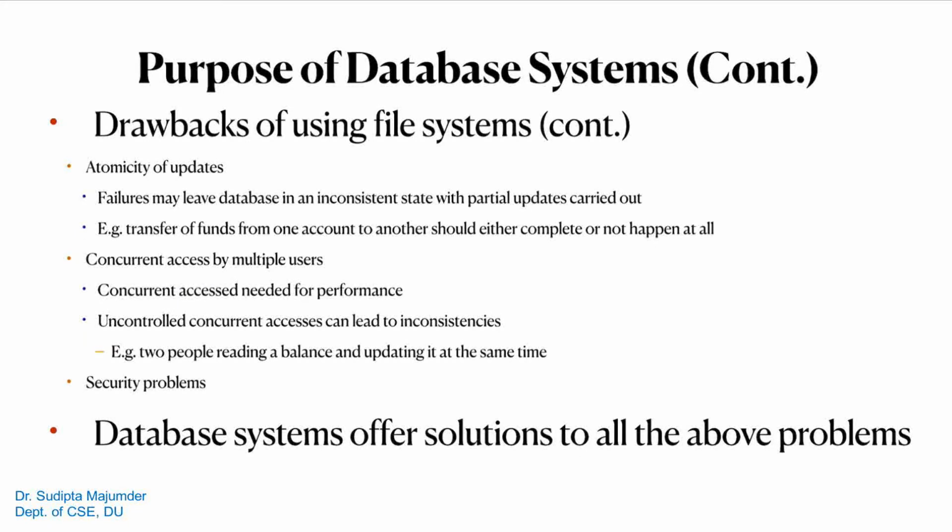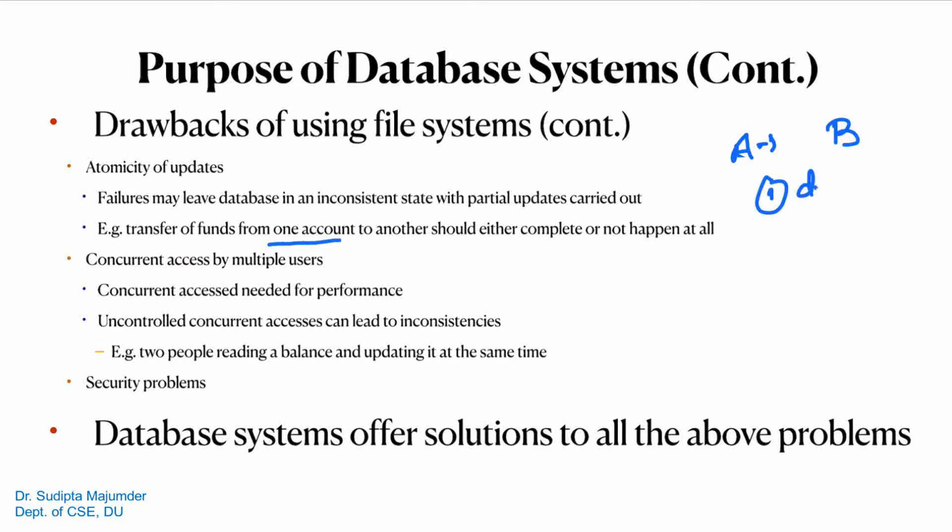Means if an operation or a set of operation is to be carried out, it should be carried out completely or it shouldn't be. Here an example is given. Now suppose a person A is transferring some amount to person B. So what are the steps?